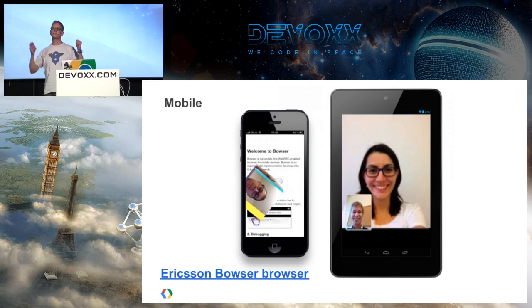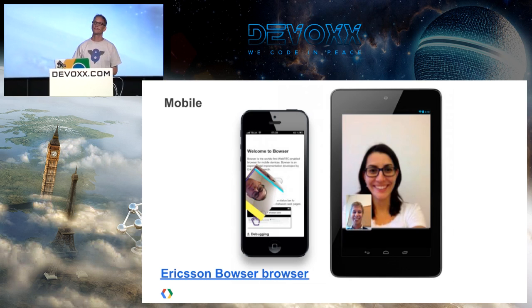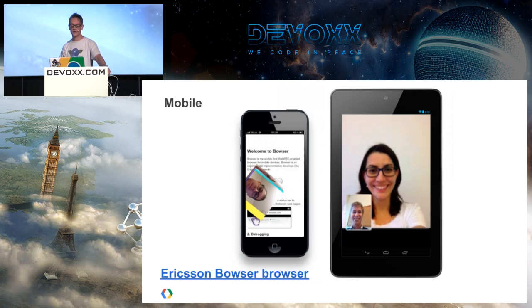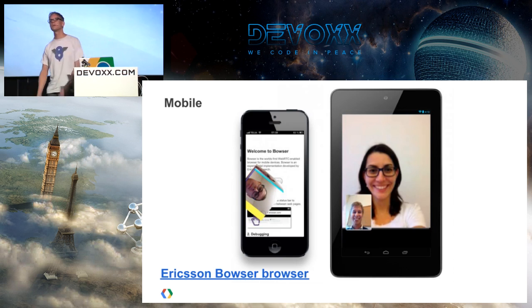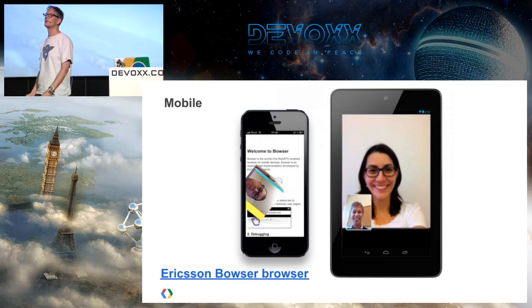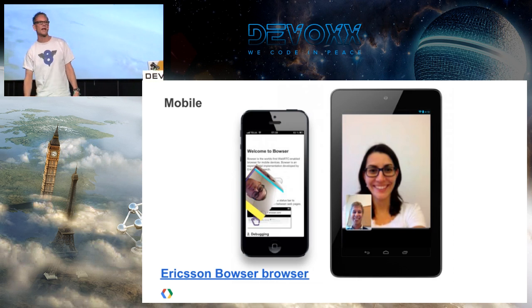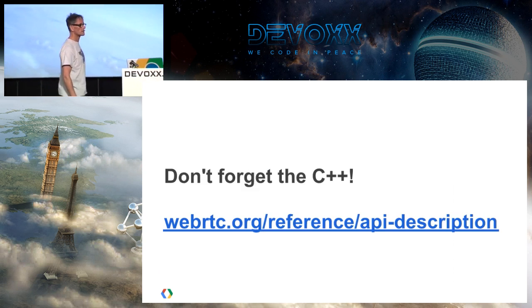For Internet Explorer, you've got Chrome Frame, which I've used actually, and it works a treat. It's slightly bizarre looking at IE8 or whatever running WebRTC, but it works, which is great. And I was hoping to demo this, but anyway, Ericsson have released this Bowser browser for iOS and Android, which does WebRTC.